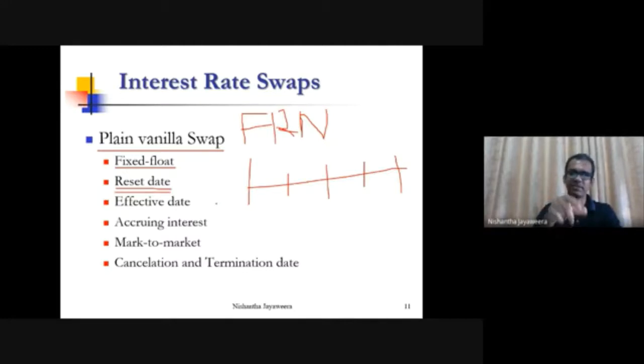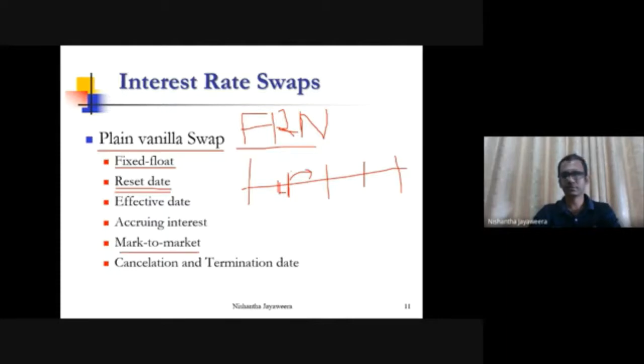That reset date is applicable not only for interest rate swaps, even in the cross currency swap. So 2 days prior to the payment dates or the beginning of the next period, we set the interest rate. That's the reset date, and the effective date is from which we start counting days. Accruing interest is the interest accrued during that period, almost similar to a floating rate note.